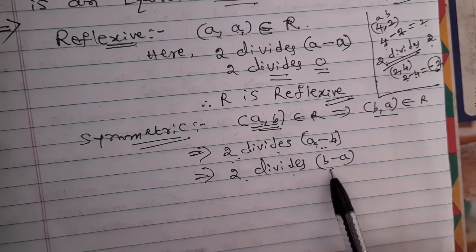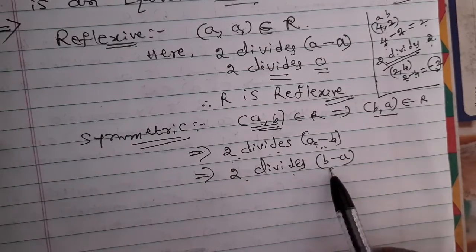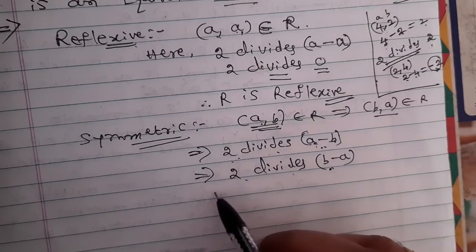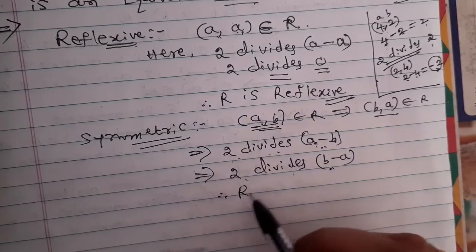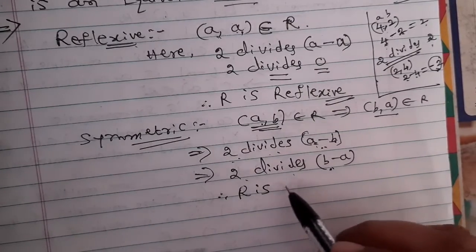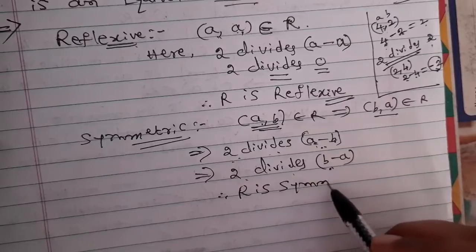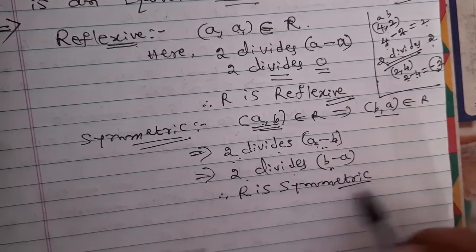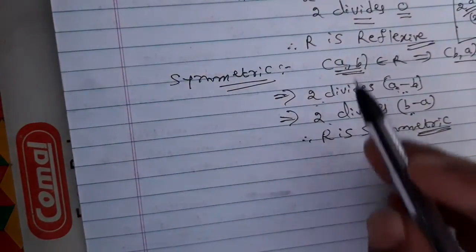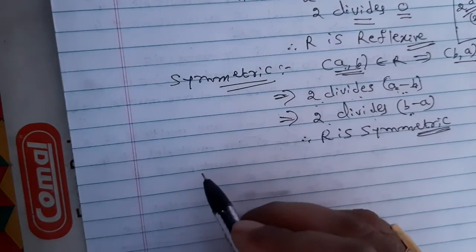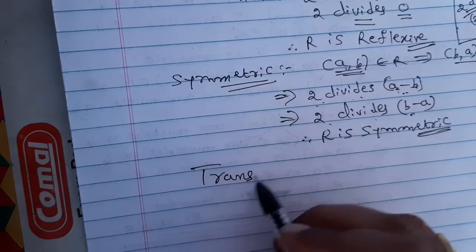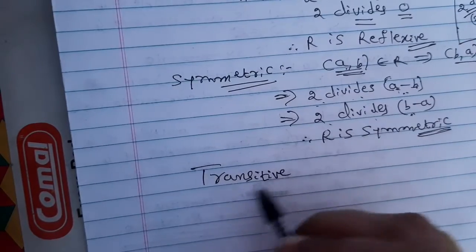So it divides a minus b and it divides b minus a. That means the symmetric property also holds good. R is symmetric. Here we have not written the ordered pairs, we are only proving generally. That's enough.